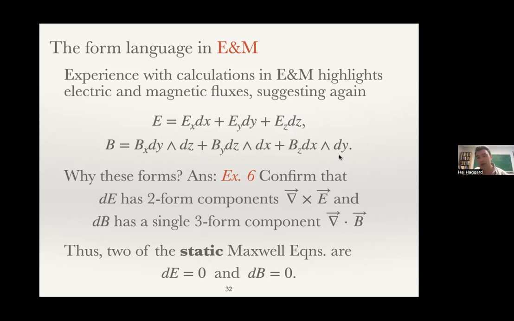We want to try to write Maxwell's equations in this differential form language. And you can show that if you take D of the one form E that we've just introduced, you get a two form, and the components of that two form are exactly the same as the components of the curl of E. And similarly, if you take D of the two form B, well, there's only one component now, and that also makes sense because we're working in a three-dimensional space, so we only have one three form on it.